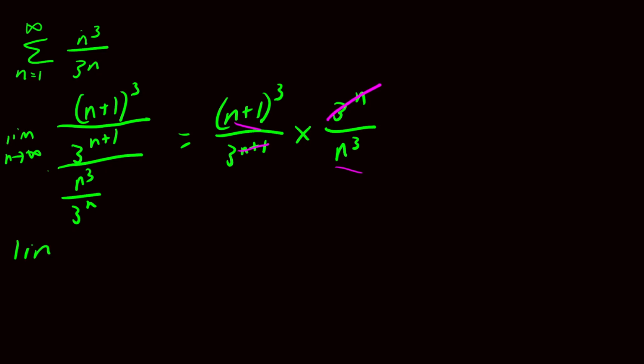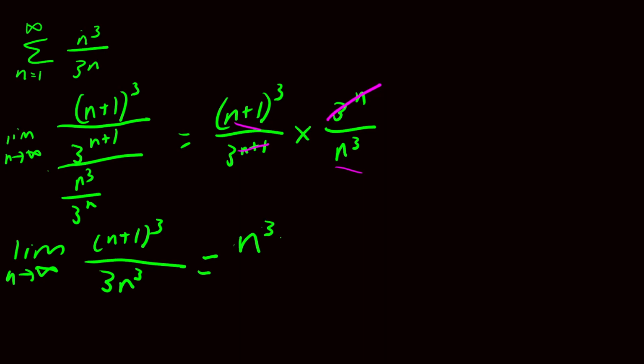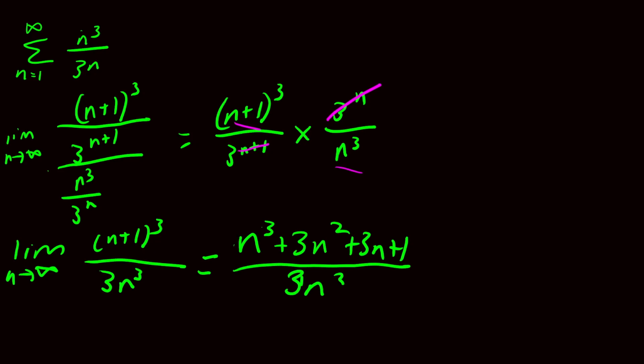So we have the limit as n goes to infinity of n plus 1 cubed over 3 n cubed. Now, how about I expand this out? Alright, so now let's expand out the numerator. If we use binomial theorem or Pascal's triangle, we'd get n cubed plus 3n squared plus 3n plus 1 over 3n cubed.